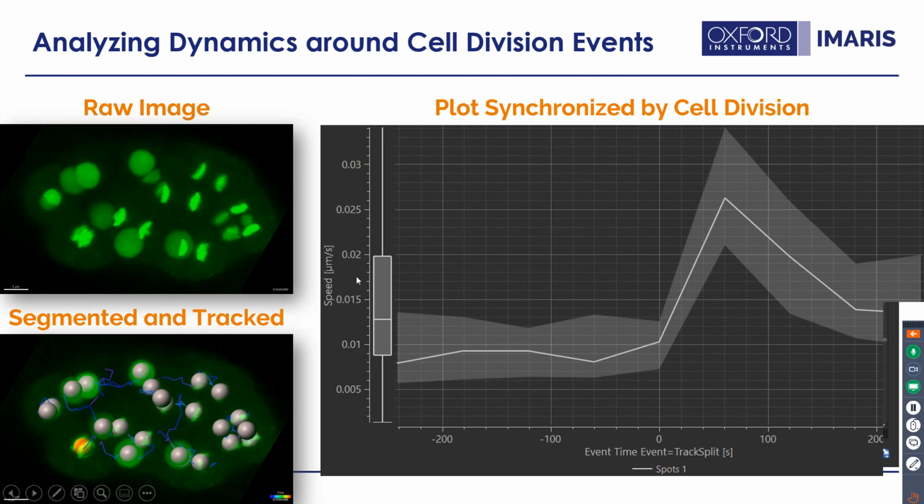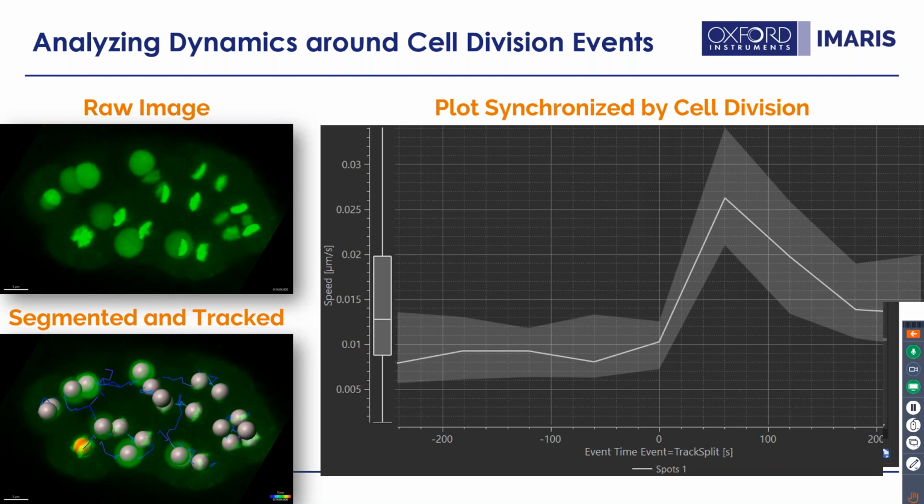What you're seeing with event time is that this is before cell division over here on the left, to the left of the 0, and after the cell division on the right-hand side. This is in seconds, and then you have speed for the y-axis. We're looking at instantaneous speed. How fast are those chromosomes that I've labeled with spots moving just after that cell division?